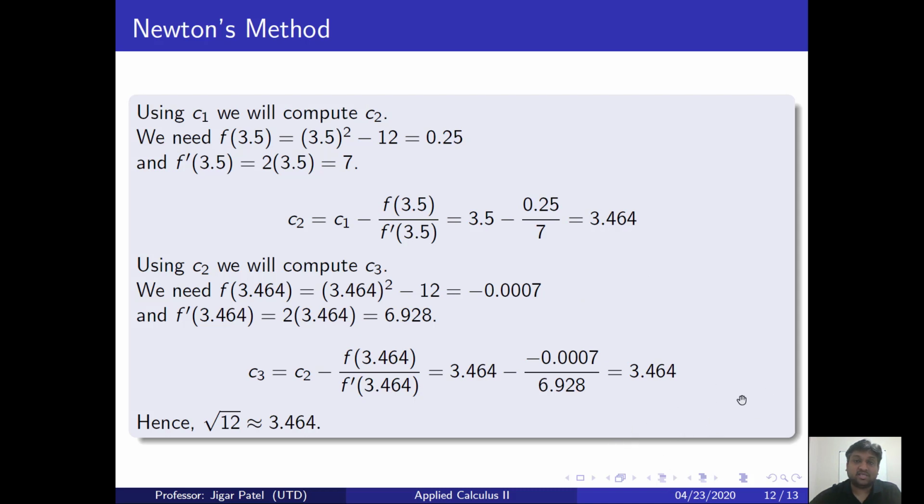We calculated c3 to confirm that this approximation is indeed 3-decimal accurate. We can write that the square root of 12 is approximately 3.464. If you use your calculator to approximate this number, you will realize that the first 3 decimals match perfectly. Okay, so that is the end of the story for today.